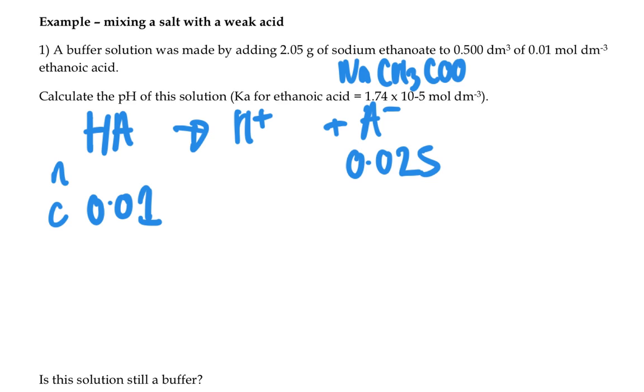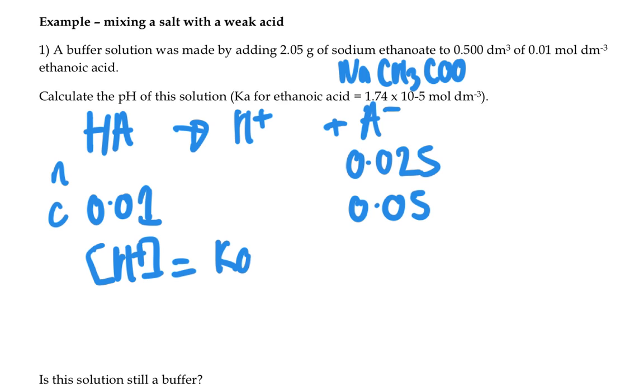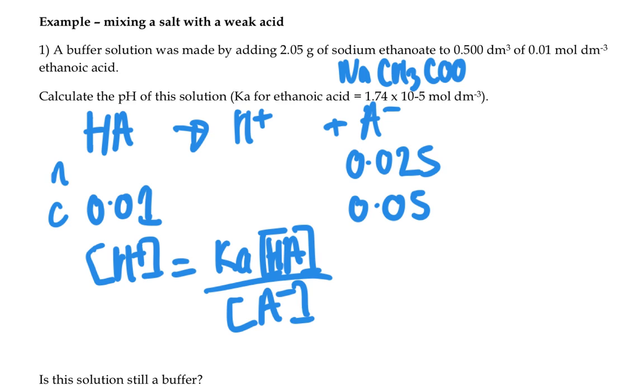But that is just a number of moles. I need to turn it into a concentration. I'm going to do that by dividing it by 0.5, which will get me 0.05 moles per decimeter cubed. Then I'm going to slot that into my Ka expression to get H+. I can use my pre-rearranged one if I've learned it, or I can rearrange it again from scratch. So H+ is equal to Ka times HA all over A minus.